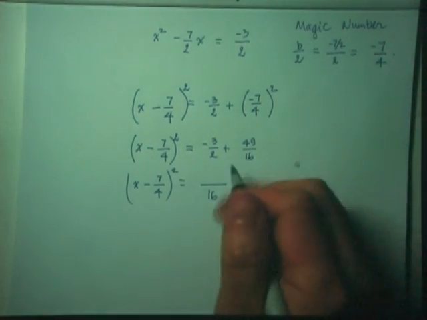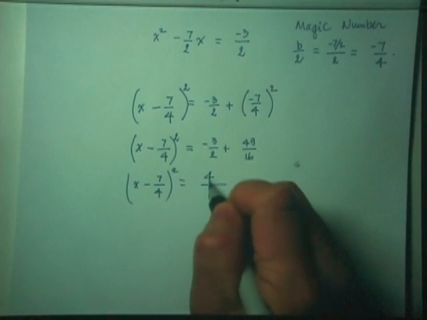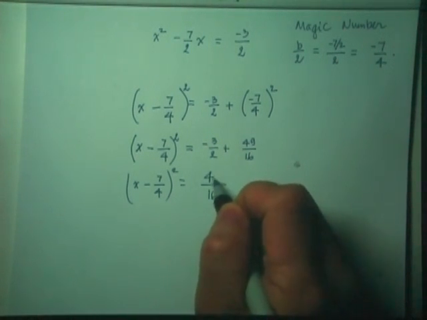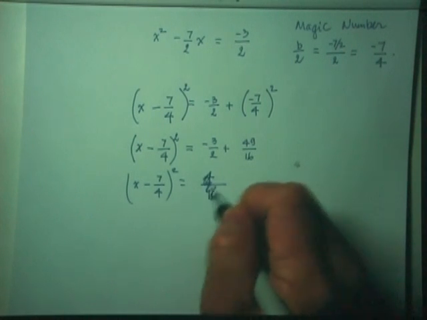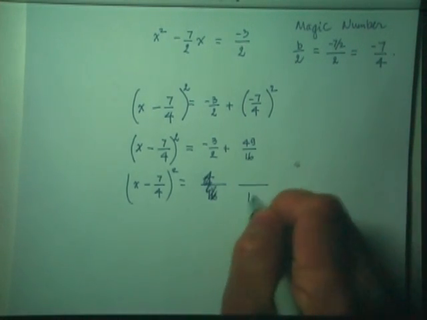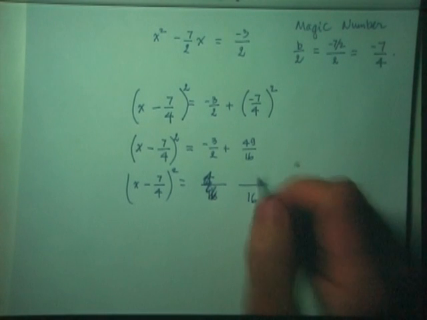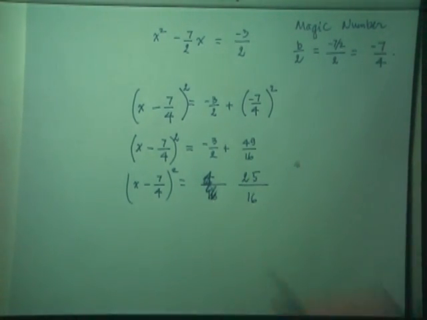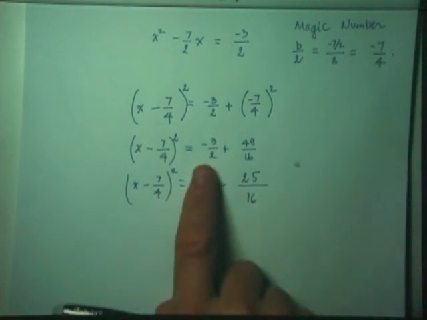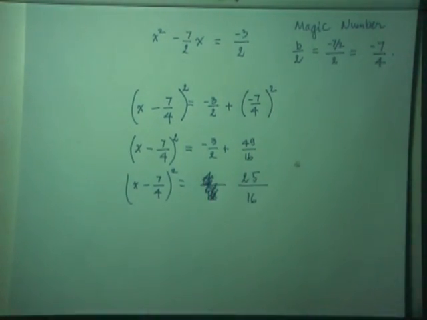Minus 3 over 2 plus 49 over 16, that gives me 25 over 16.